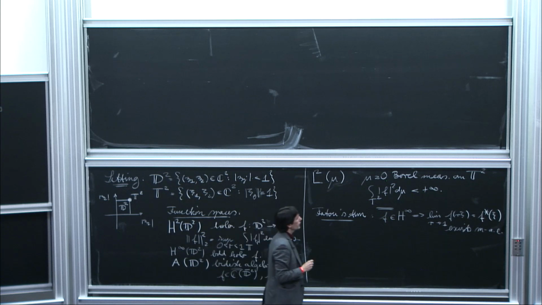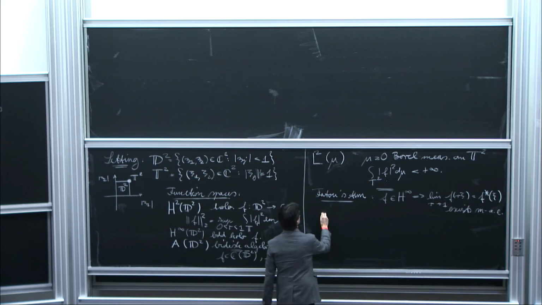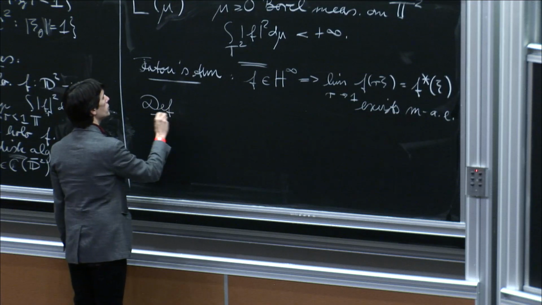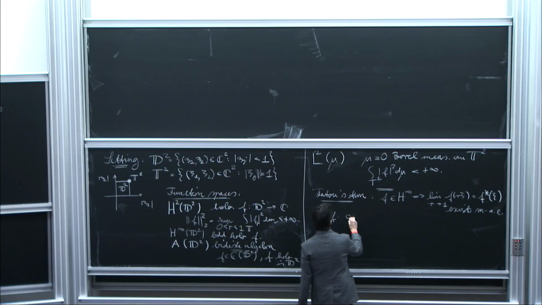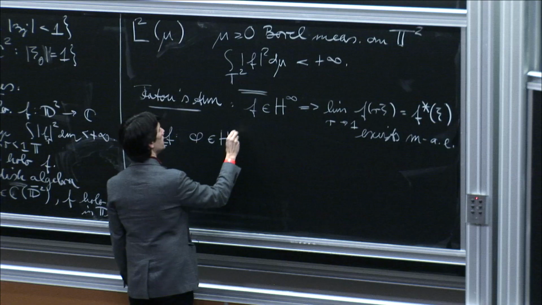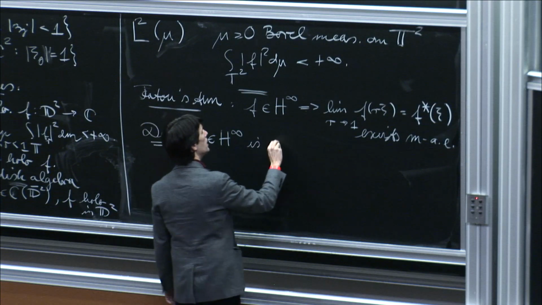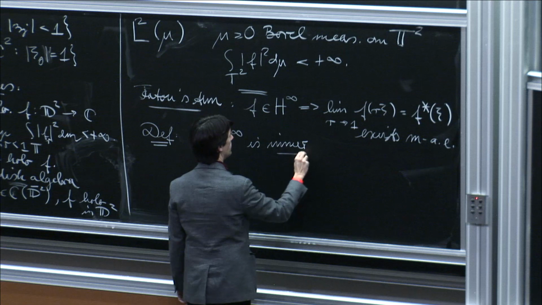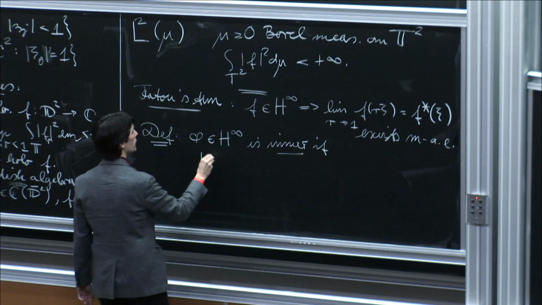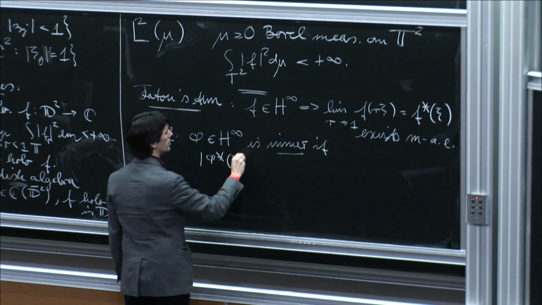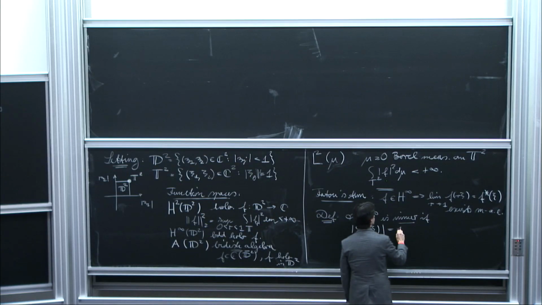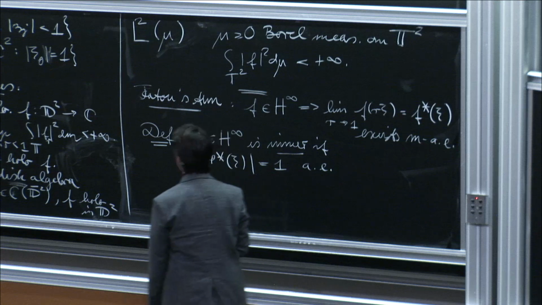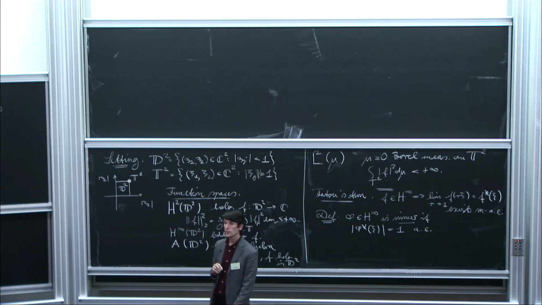So now, once I've introduced this, I can tell you what a rational inner function is. So we say that a function phi in H infinity is inner if the unimodular boundary values, which exist by Fatou's theorem, have modulus 1 at almost every point. That's the usual definition of an inner function.